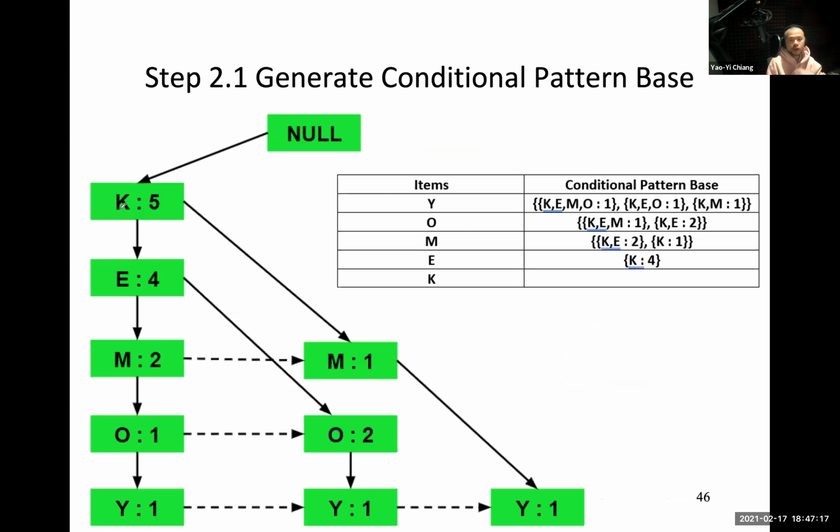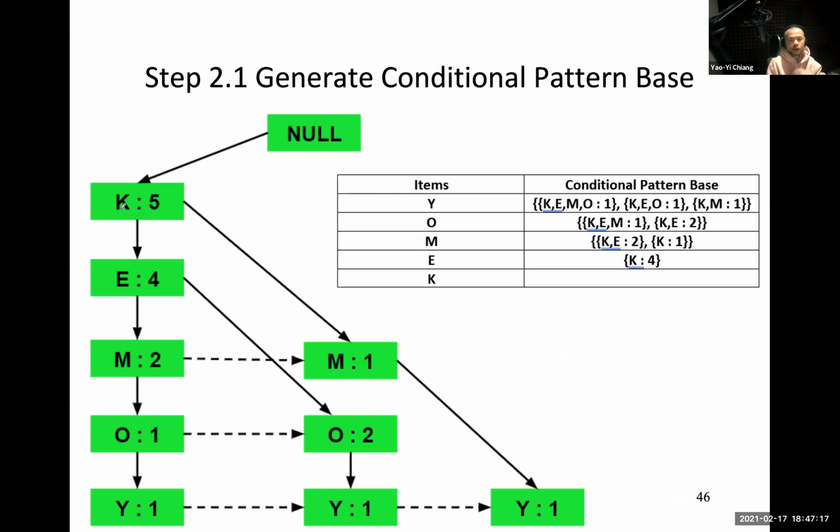So that's here, KEMO. And what does it mean in terms of your basket? Well, that means you found KEMOY in a basket, right? That's how you insert them into this tree. What would be the next one? Well, you have KEO. Why do we have KEO? Now, KEOY, okay?